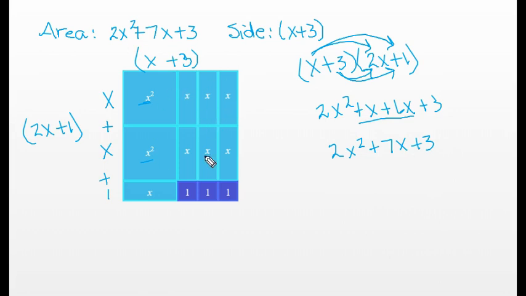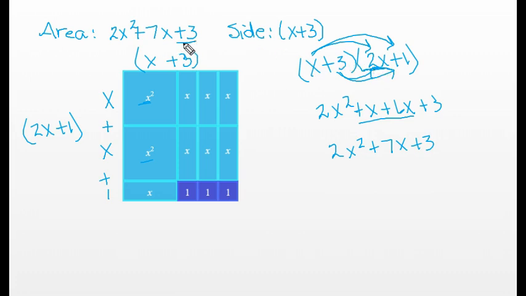And if I were going to be looking at this outside of an area model, I know that I need to multiply these first 2 terms, my x terms, to end up with 2x squared. If I have an x already, I'm asking myself, what can I multiply by x to end up with 2x squared? And I know that has to be 2x.